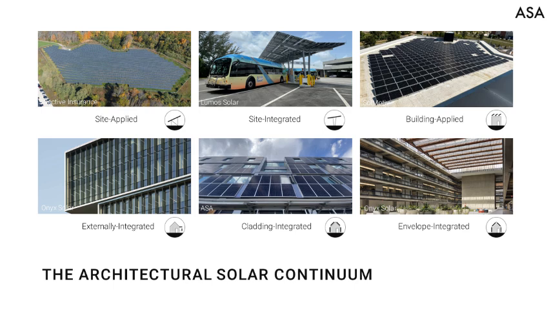And ultimately, we arrive at the three building integrated categories: externally integrated PV, the low hanging fruit of BIPV due to its minimal coordination and multitude of benefits. Then cladding integrated PV, which makes solar integral to a building skin assembly without it closing the envelope or being accessible from the conditioned space. And then ultimately envelope integrated PV, which forms a barrier between unconditioned and conditioned space.